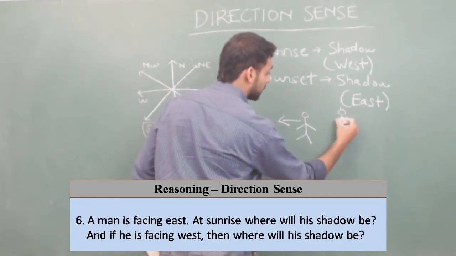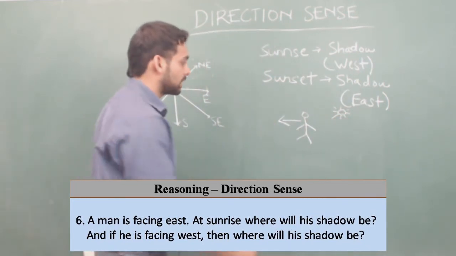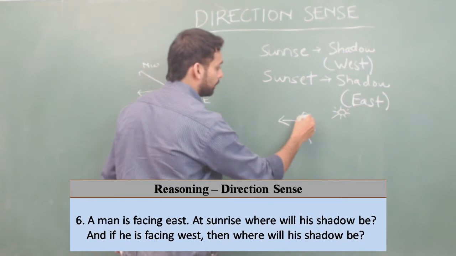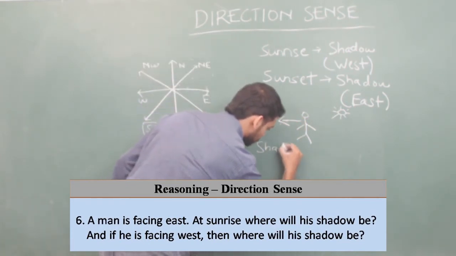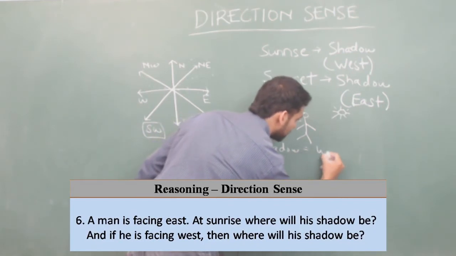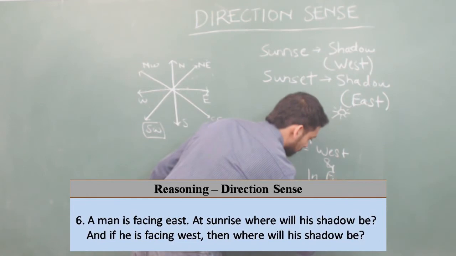The sun rises over here in the east. The man is facing this side. So the rays fall on him and the shadow comes here. So the shadow will still be in the west and in front of him.